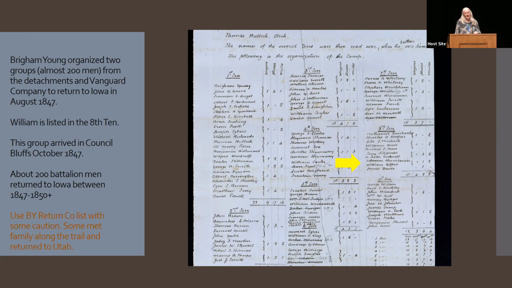It's actually, as we found it, because that last group coming from California, they arrive in December, just before Christmas. So by Christmas, there's around 150 battalion members that are back there to pick up their families.